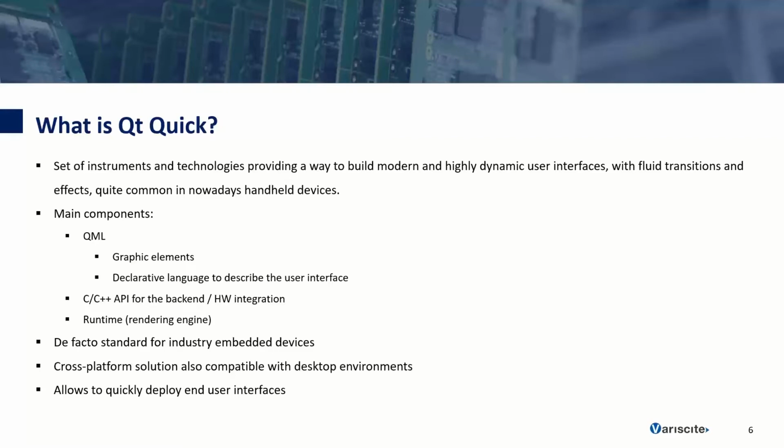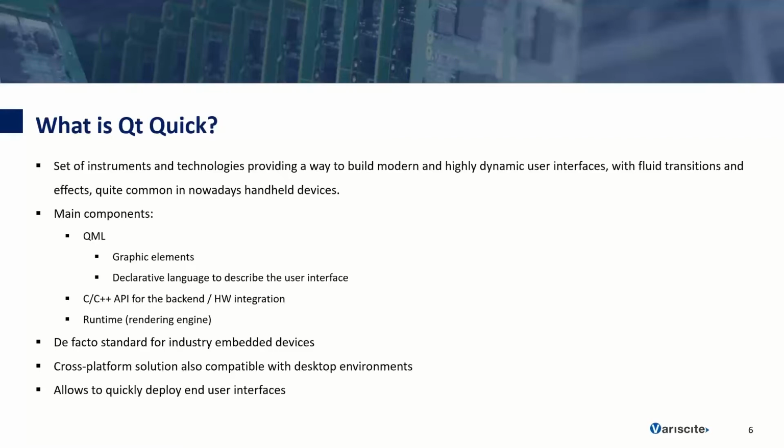So you have fluid transitions, nice to see, and effects that are nowadays quite common. The main component of Qt Quick is QML, a declarative language describing the user interface, and the graphical elements that can be used to compose the user interface.